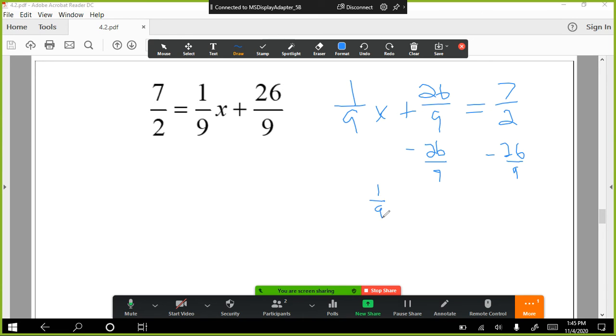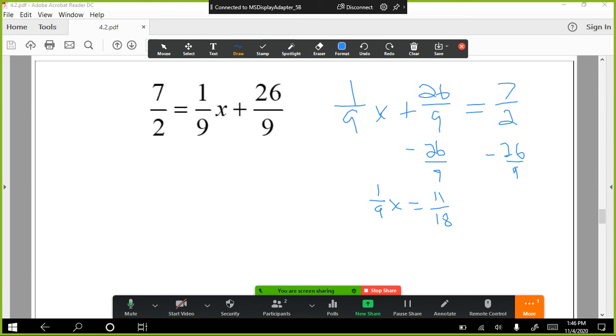Then I'm going to have 1/9 x equals, I need a calculator. Oh, there's one. So I'm just going to say 7/2 minus 26 over 9, and equals 11/18. 1/9 x equals 11/18.